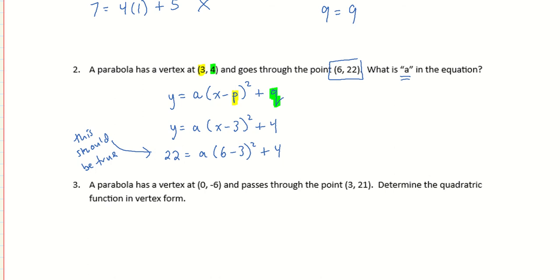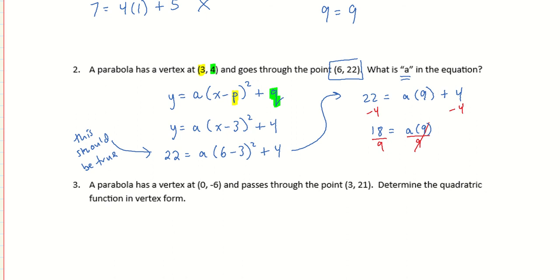All right, so let's simplify this a little bit more, and we have 22 is equal to a times, 6 minus 3 in brackets is 3, so 3 squared is 9, plus 4. Well, we end up with something where we don't know what a is, but if this equation is true, both sides should be equal. So we can just solve for a. We can subtract 4 from both sides, and we get 18 is equal to a times 9, and then divide both sides by 9.